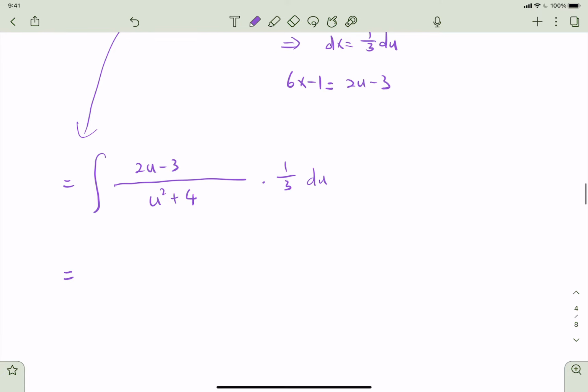And we're gonna split them into two terms: u over u squared plus 4 minus 3 over u squared plus 4, du. And also handle the coefficient here. That 1 over 3, that 3 cancels with this, so this becomes 1, right?